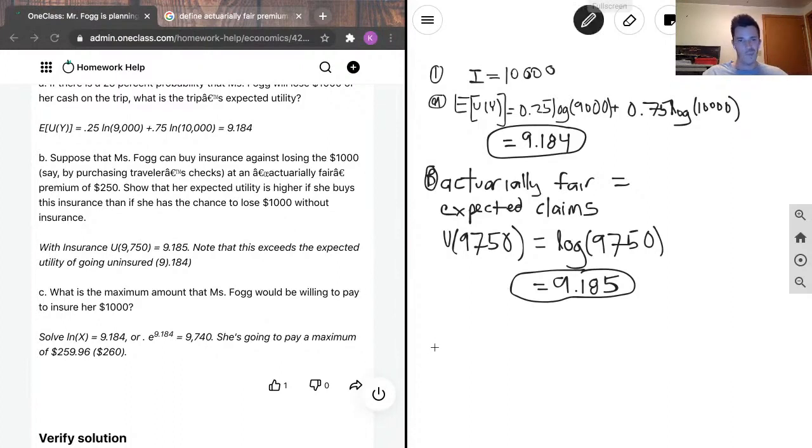So ln x equals 9.184, and e to the 9.184 is approximately 9,740.